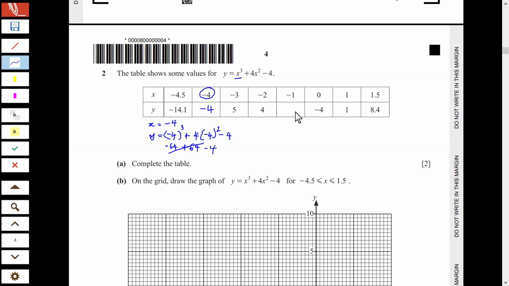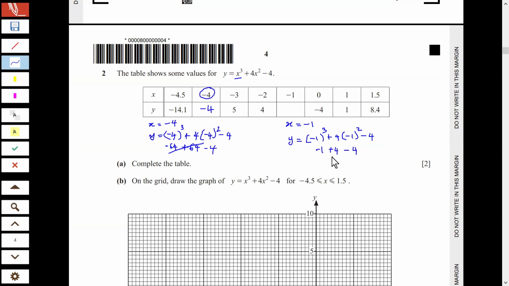Now, to complete the corresponding value for -1, when x is equal to -1, I will substitute the value into the equation. So here we have -1 to the power of 3 plus 4 times -1 squared minus 4. -1 to the power of 3 gives -1, and here we have +4, and then we have -4.